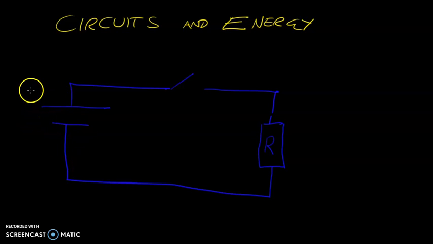Here's our cell with a plus and a negative, and that's our source of electrical energy. The switch is our means of control, and our R is the point at which the energy is dissipated in the circuit. An electrical circuit will move energy from a source through a means of control, and the energy will then do work.